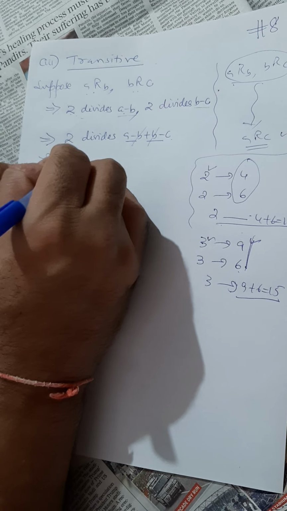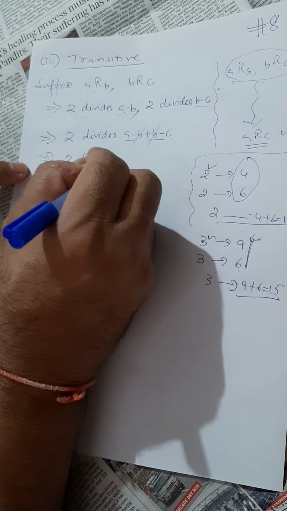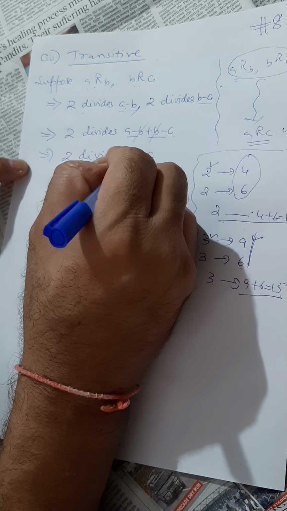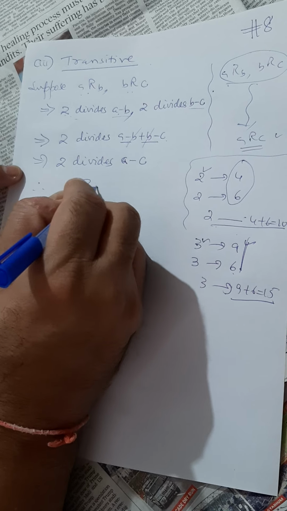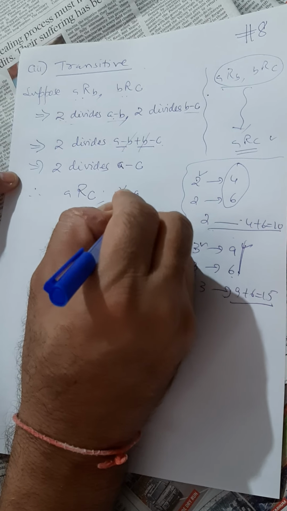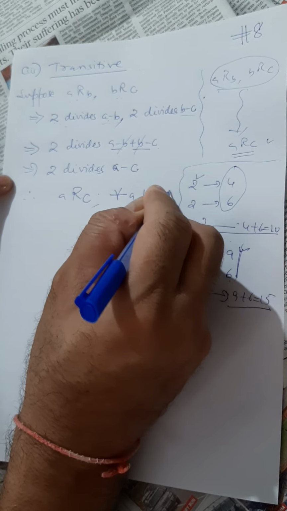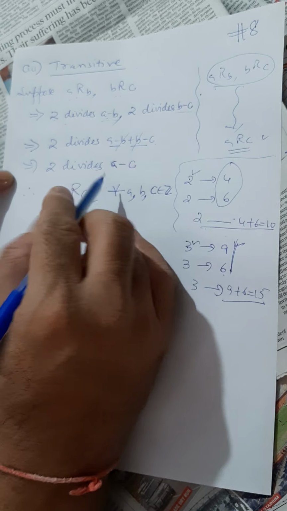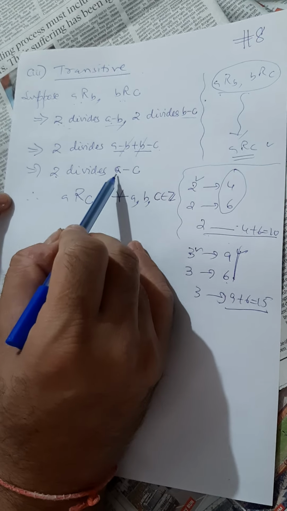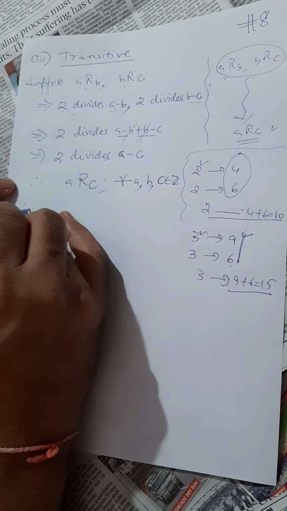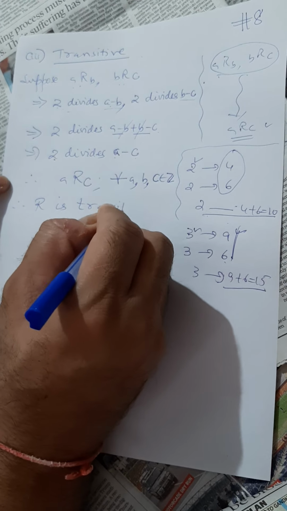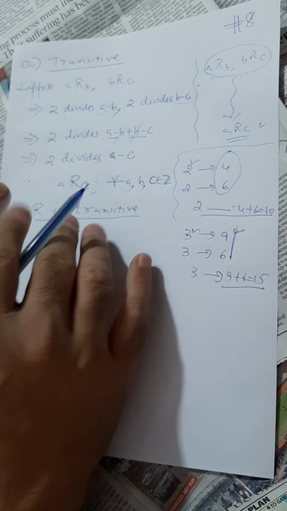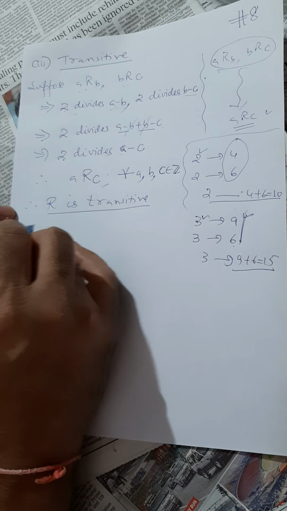So here you can say that 2 divides A minus C. And therefore you can say that here A is related to C. And this is true for any 3 numbers A, B, C belongs to Z. 2 divides A minus C means A related to C. Therefore R is transitive.